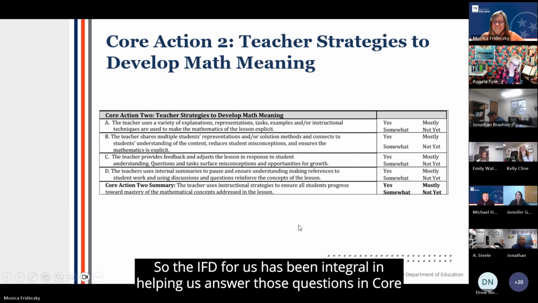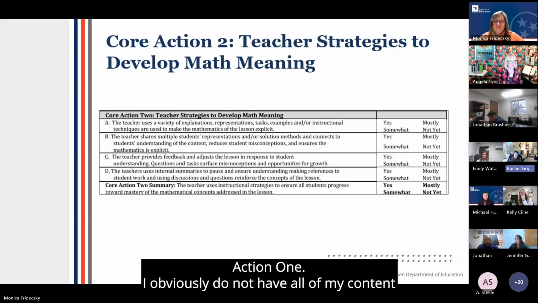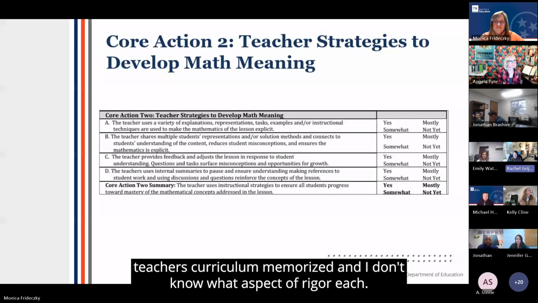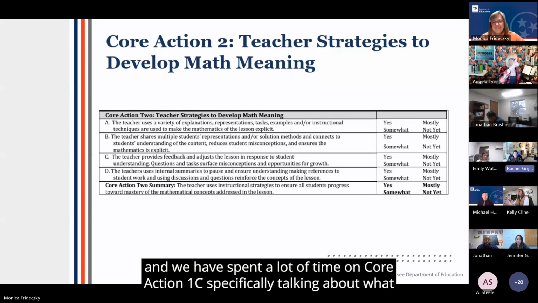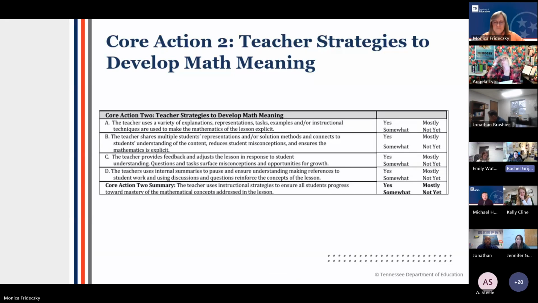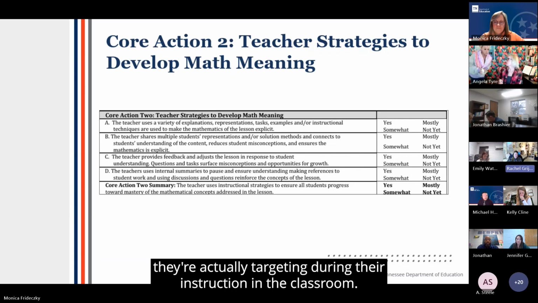So the IFD for us has been integral in helping us answer those questions in Core Action 1. I obviously do not have all of my content teachers' curriculum memorized, and I don't know what aspect of rigor each part of the standard is supposed to address. We have spent a lot of time on Core Action 1C specifically, talking about what aspect of rigor we saw addressed in the lesson versus what they're actually targeting during their instruction.